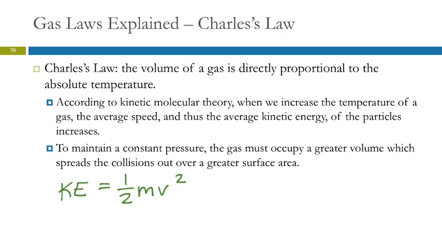If these particles are moving faster, that's going to increase the pressure, right? Because they're going to hit the sides more forcefully and more frequently. So in order to keep the pressure the same, we have to let the volume expand. So the volume of a gas is directly proportional to the temperature. If you increase the temperature at the same pressure, the volume must also increase.